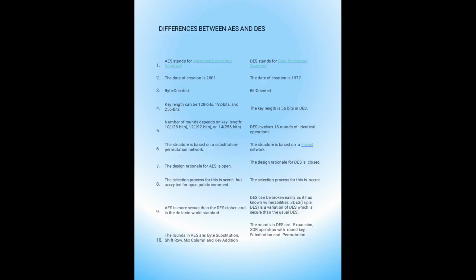The selection process for DES is secret. The rounds in AES are byte substitution, shift row, mix columns and key addition. The rounds in DES are expansion, XOR operation with round key, substitution and permutation.